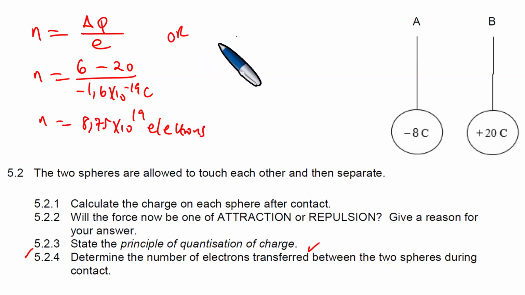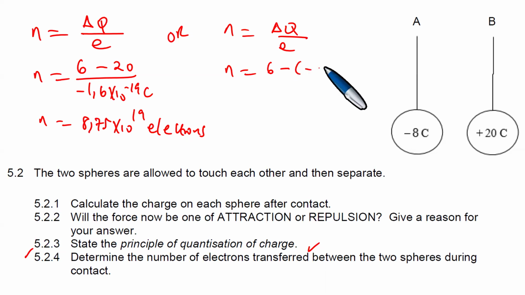If we don't want to do it like this, you can also say the number of electrons transferred will be the change in Q divided by the charge on one electron. The final one became 6, and we subtract one of these.